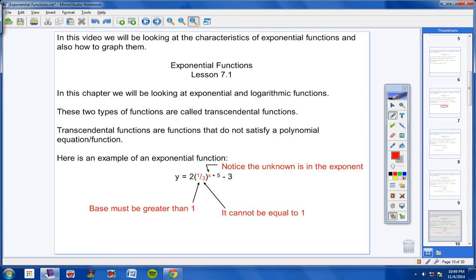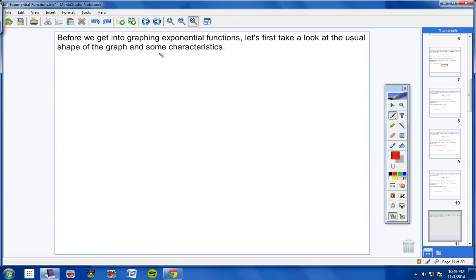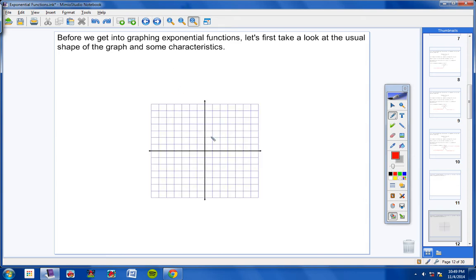Okay, now, before we get into graphing these, let's first take a look at the usual shape of the graph and some characteristics of the graph of an exponential function. So go ahead and quickly draw in your notes a coordinate plane. And then here's the usual shape of an exponential function. They might look like this.